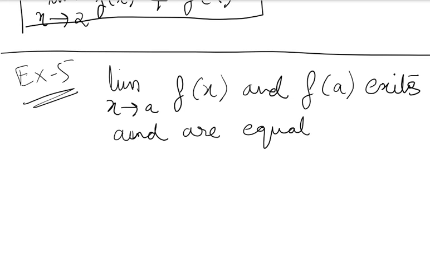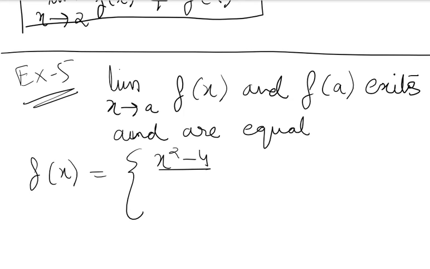So let's give you an example, similar type. We'll try and confine ourselves to similar examples so that you can understand better. So (x square minus 4) by (x minus 2) when x is not equal to 2, and of course it becomes 4 when x is equal to 2.